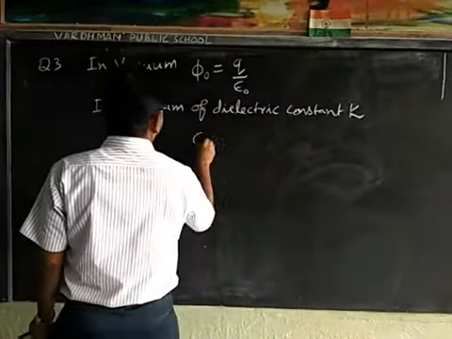Now phi E from each face is equal to Q into 10 power minus 6 coulomb upon 6 epsilon naught.